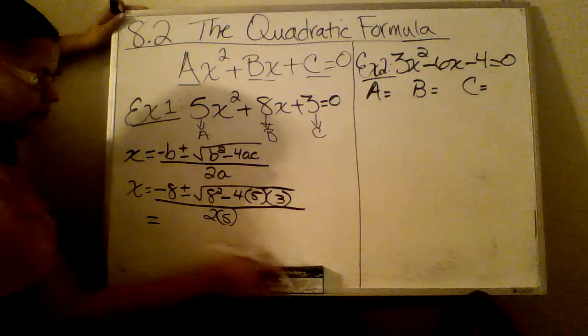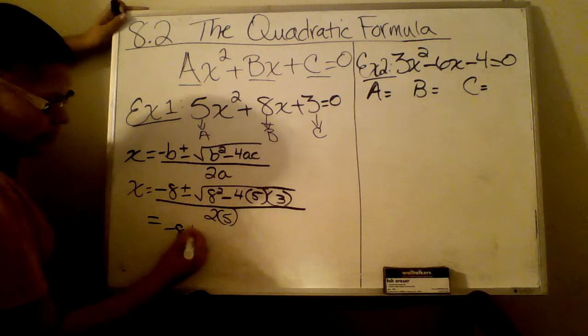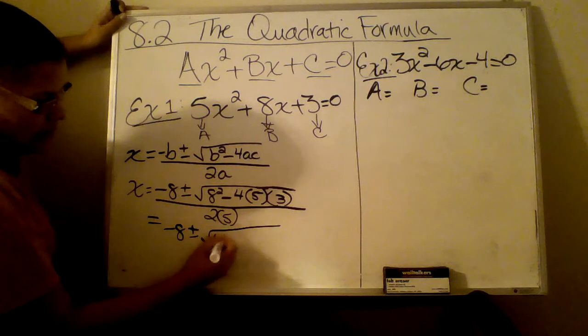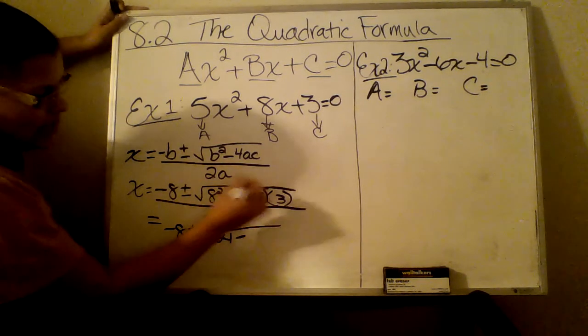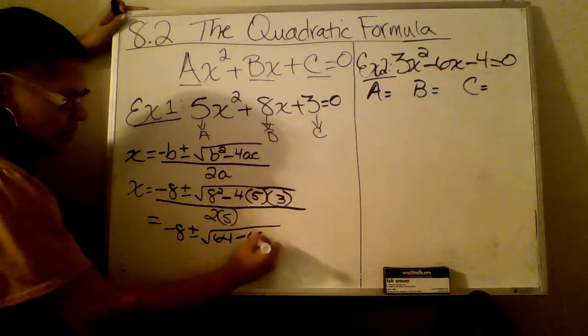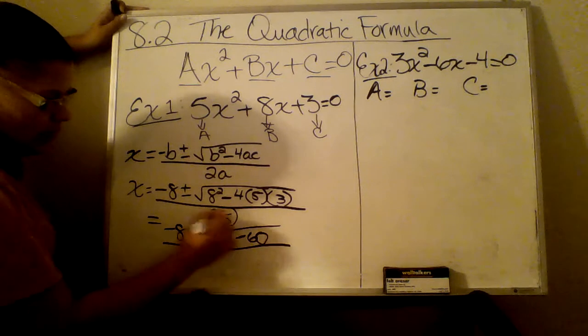So then now we're taking negative 8, and we're simplifying as we go. Square root of 8 times 8 is 64, minus 4 times 5 is 20, 20 times 3 is 60. Then you're left with 2 times 5 on the bottom.